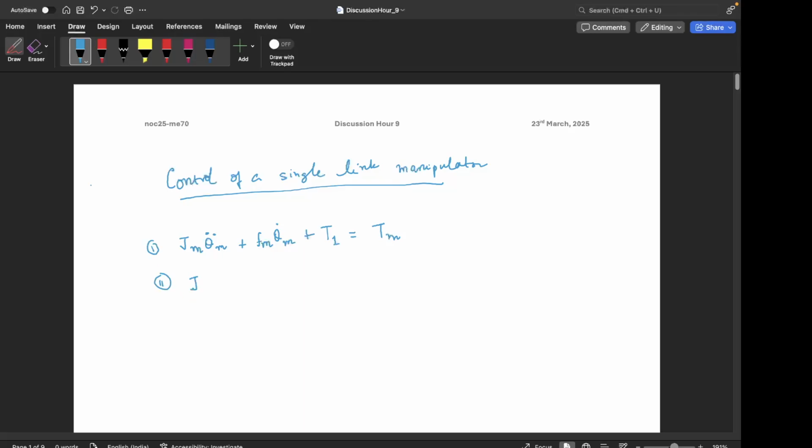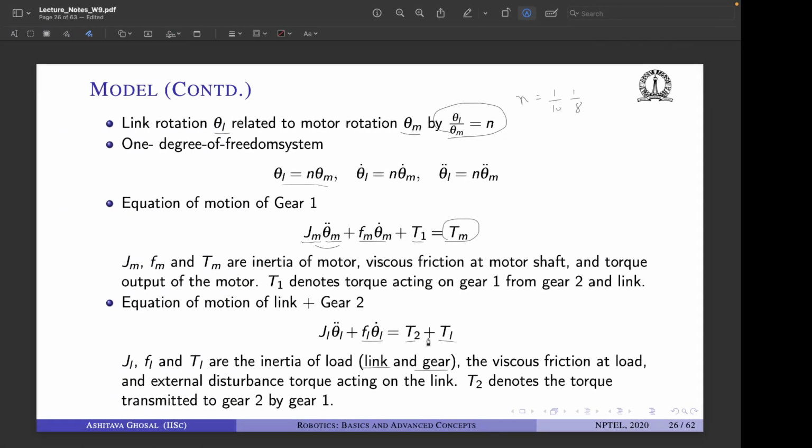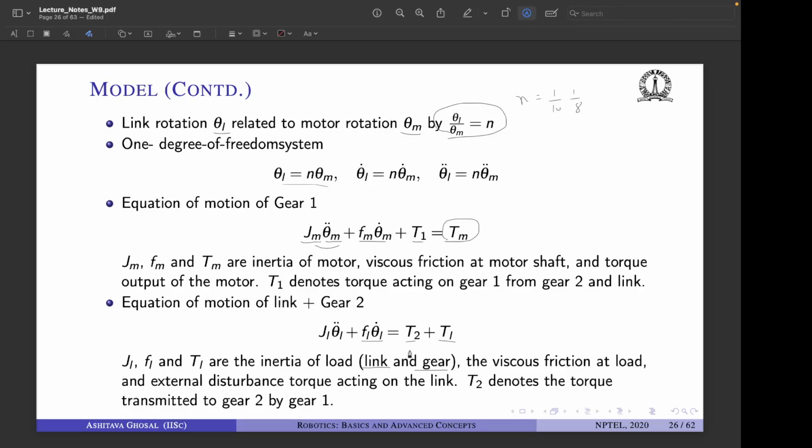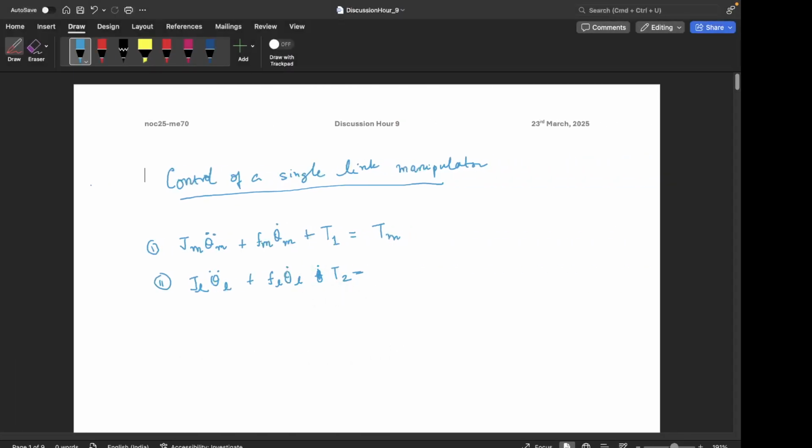Then we have equation 2, which is JL, that is the inertia of both the load and the link, that's the total load, including gear 2 and the link. Then we have the viscous friction, and then we have T2, and this will be minus T2 and this will be equal to TL.